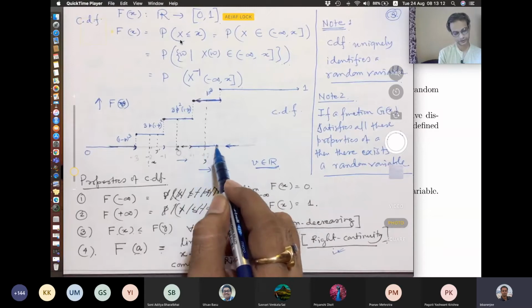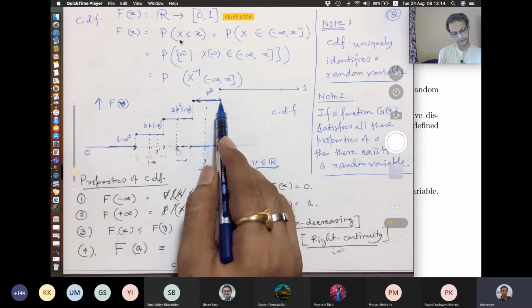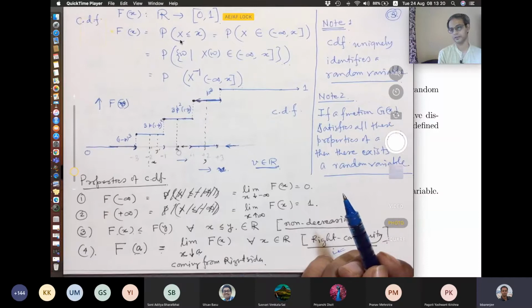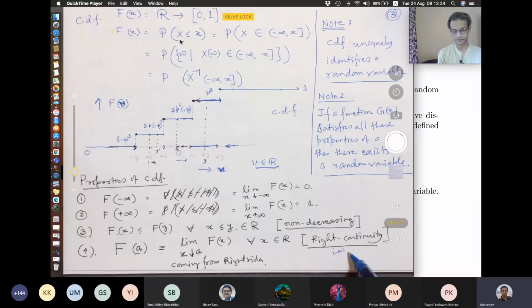From this side, whatever is happening, one limit is here, another limit is here. So definitely continuity is not guaranteed. That's why the name is right continuity.